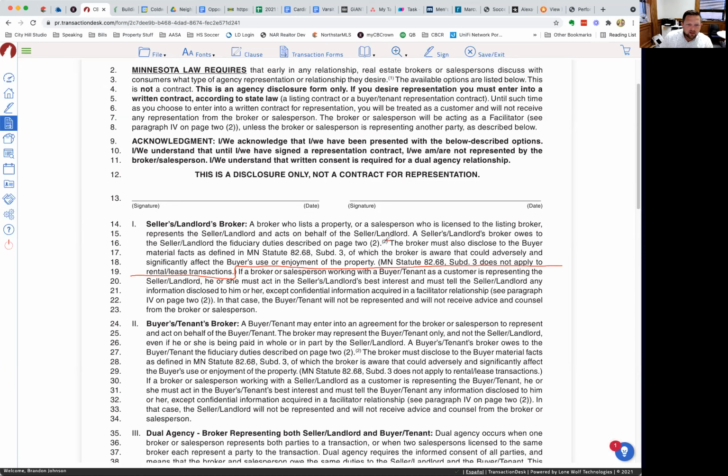And everything talks about the material fact disclosures and what your obligation is, regardless of the fact that we don't have an agent material fact disclosure sheet. We still have to talk about it. The first section is really just identifying the role being highlighted. Each of these three sections appears in all of these.